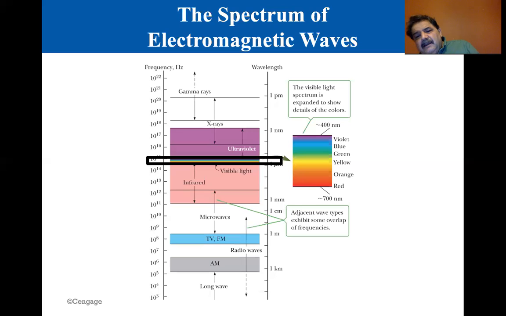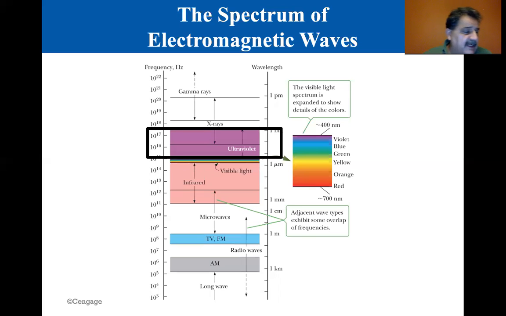I like 700 nanometers, 560 nanometers for the yellow green, and 400 nanometers for violet. Then you have the ultraviolet. You get ultraviolet rays from the sun, 400 nanometers down to 0.6 nanometers.